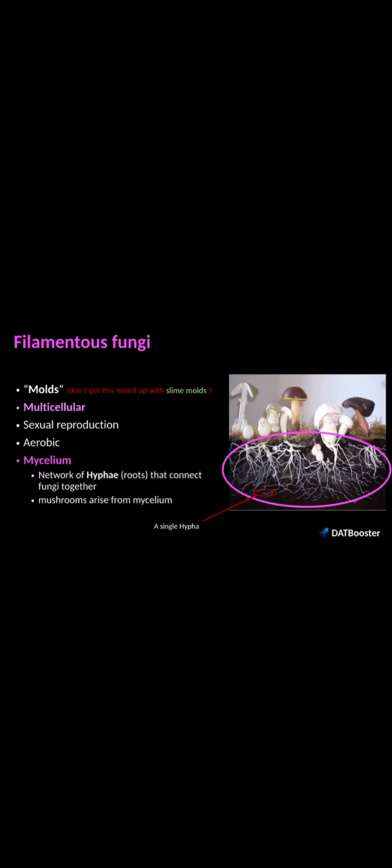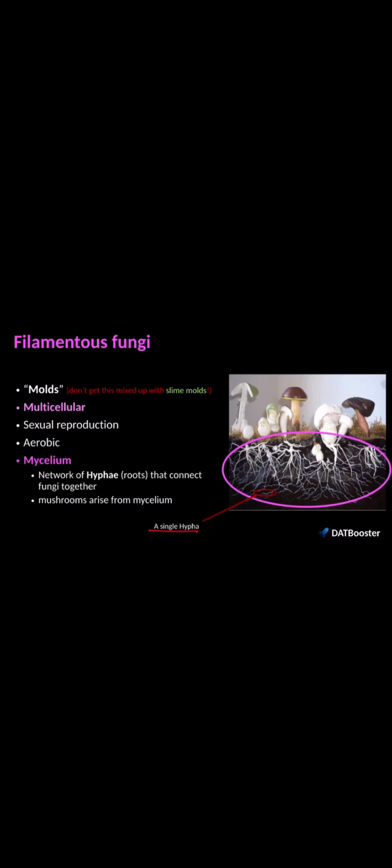But the hallmark key feature of multicellular filamentous fungi is going to be the mycelium. The mycelium is the vegetative part of a fungus, so you can kind of think of the mycelium like the roots of a tree, where the individual tree is the fungus. The mycelium is made up of a network of hyphae. So hyphae are the roots. Remember, hyphae is plural, hypha is singular, that's going to be a single root.